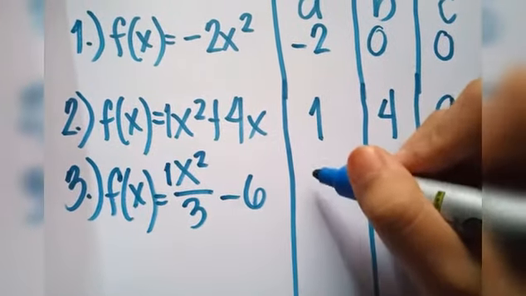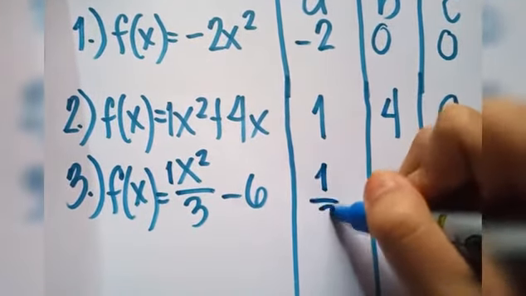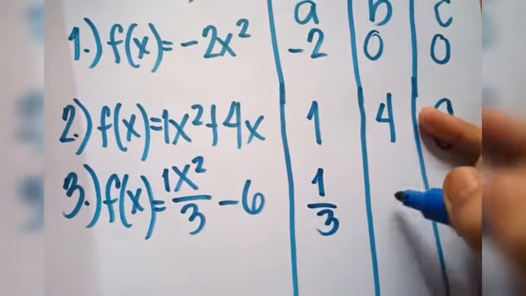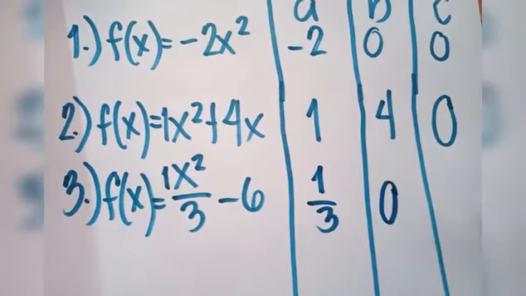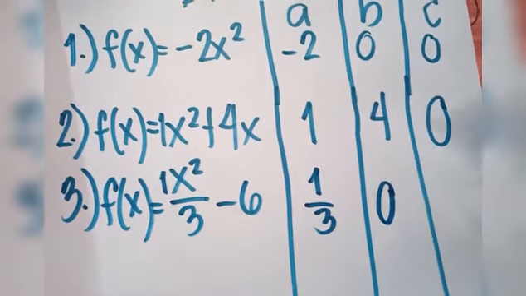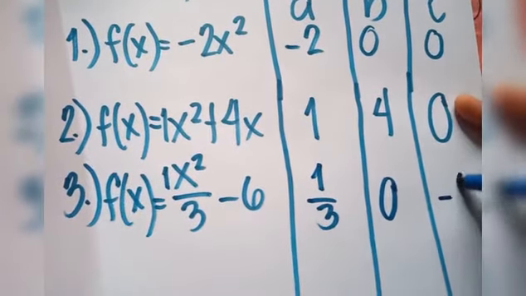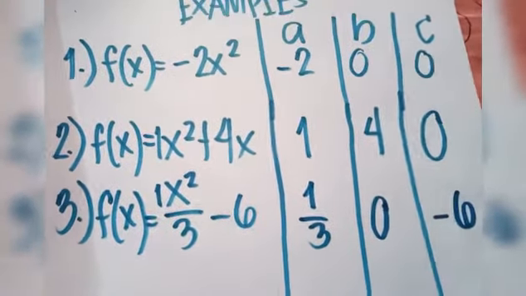So, we have the letter A, which is 1/3. Then, yung ating linear term or yung ating B ay magiging 0 kasi wala tayong linear term dyan. Then, yung ating magiging constant ay yung negative 6. So, yun yung ating magiging letter C.